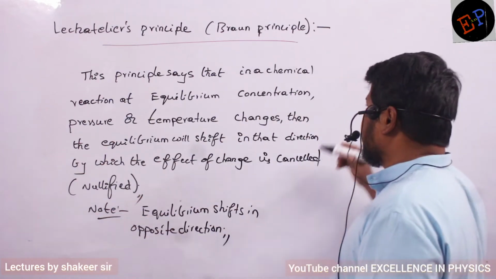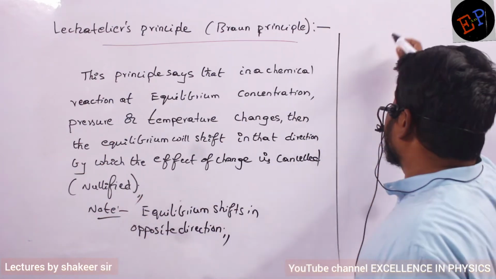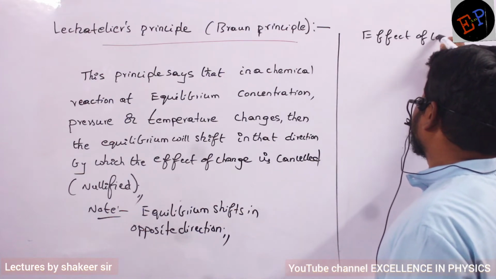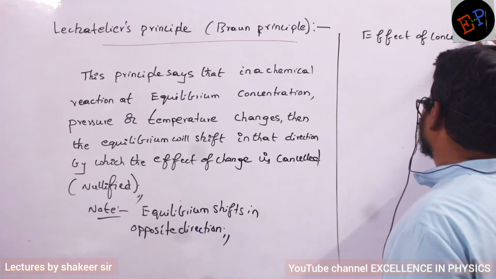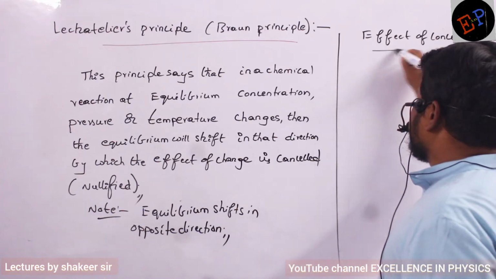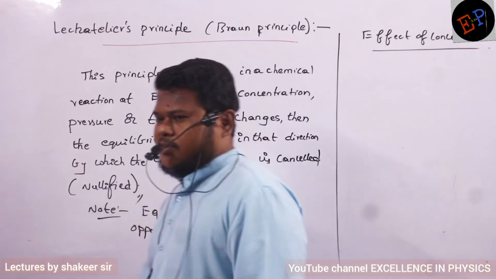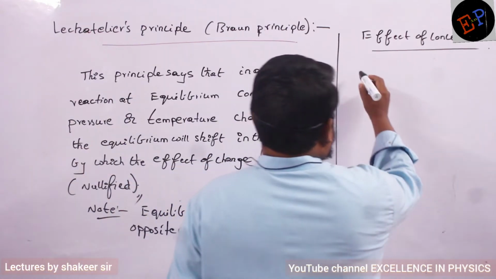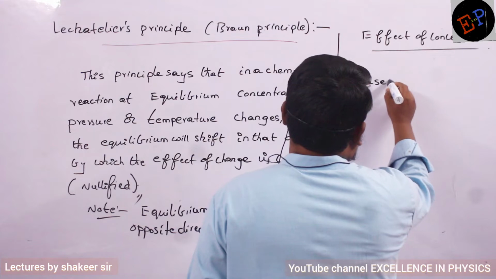Let us try to understand by taking some examples. First of all, we will study the effect of concentration. What is happening to the concentration of reactants, what is happening to the concentration of products, that we will study. Now see, first of all, let us take case number 1.